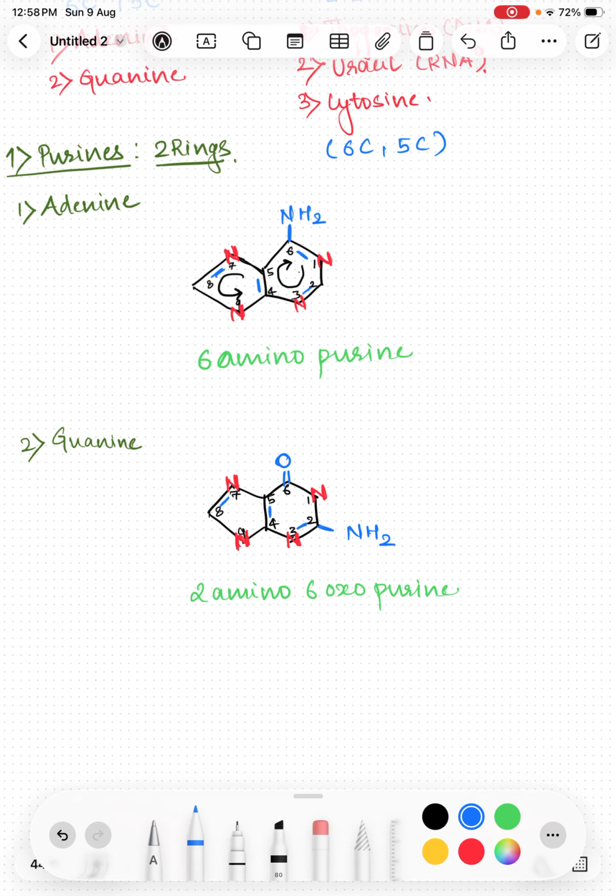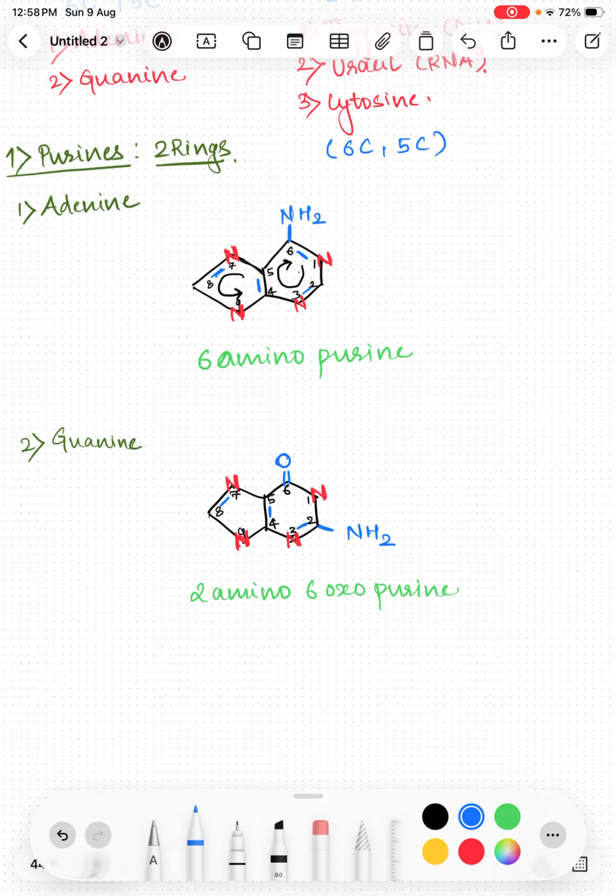At carbon number 6 in case of adenine there is an amino group, while in case of guanine there is an oxo group. At number 1, 3, 7 and 9 of purine there are nitrogen atoms. This is how you will remember the basic structure of purine.